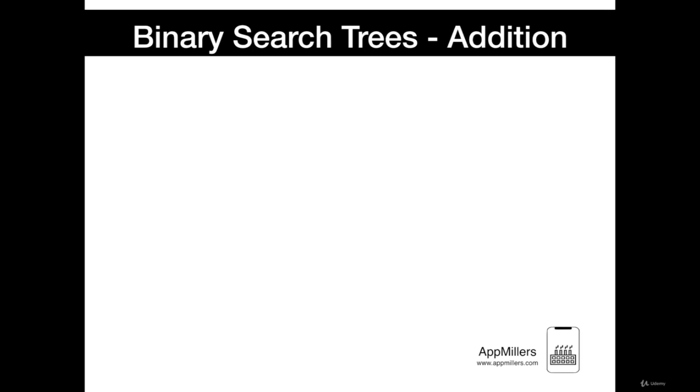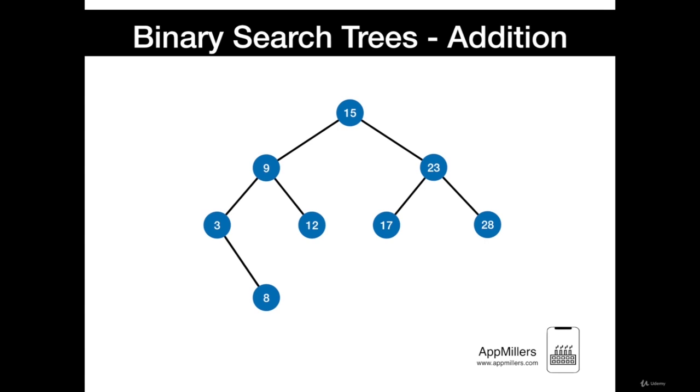Let's look at the process of adding nodes to a binary search tree. As an example, we will try to add the number 1. We start at the topmost node of the binary search tree in order to find the additional node's proper location. First, we compare 1 and the topmost element, and we see that 1 is less than 15, so it proceeds to the left.